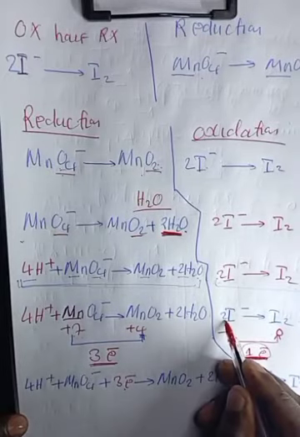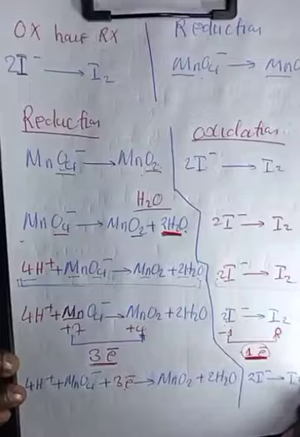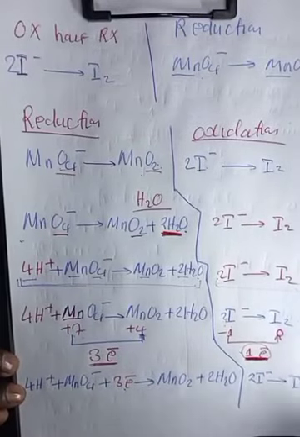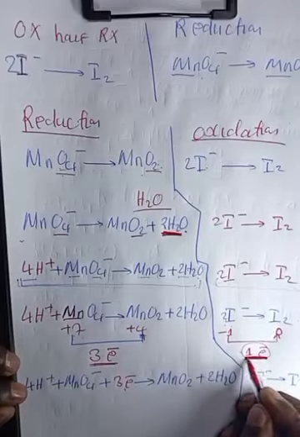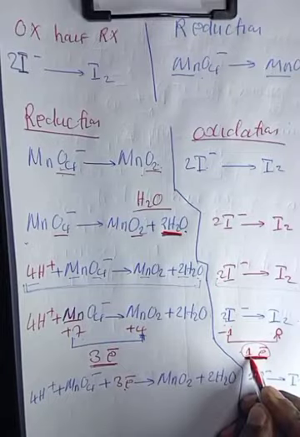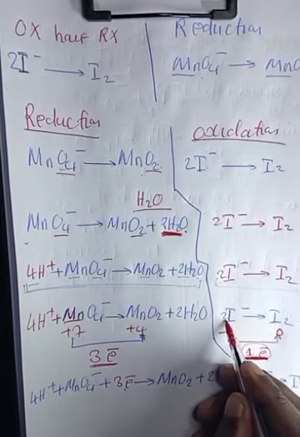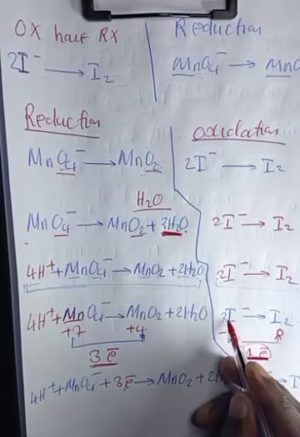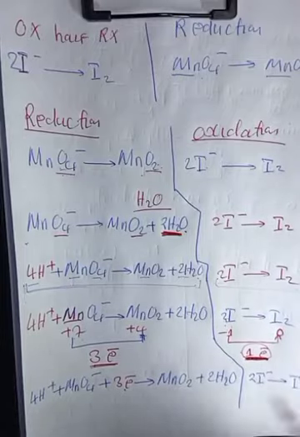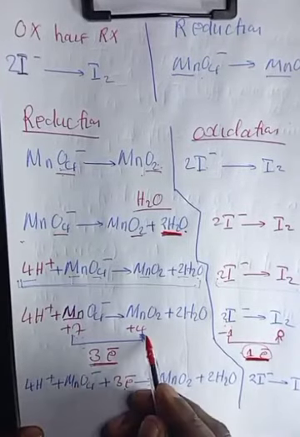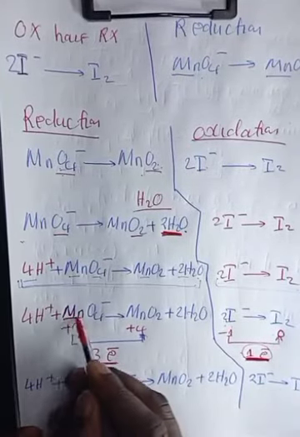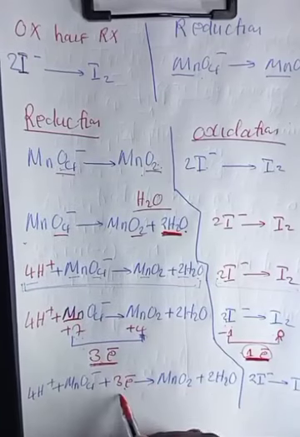So 1 times 2, we get 2 electrons. So we're going to add 2 electrons here. In the case here it was 7 minus 4, get a 3. 3 multiplied by 1 manganese, we just get a 3. No wonder we added a 3 directly.